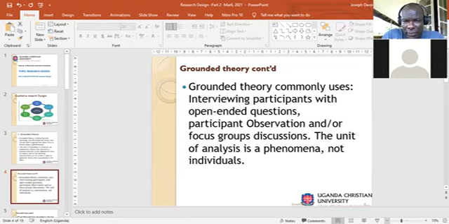Open-ended questions. Not these questions. Do you agree? Strongly agree? Disagree? Strongly disagree. Those are not open-ended questions. Just open-ended questions. So, but also you can use observation, participant observation.